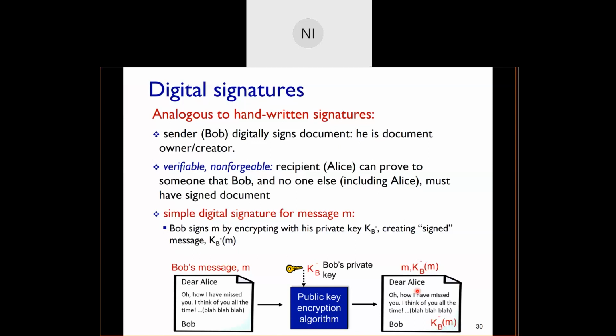Very similar to message authentication codes, digital signatures provide the integrity of the data, and they also guarantee the authenticity of the message. Only Bob knows his private key, and if I am able to decrypt using Bob's public key and it matches the message M, it means the message has indeed been sent by Bob, not by somebody else.